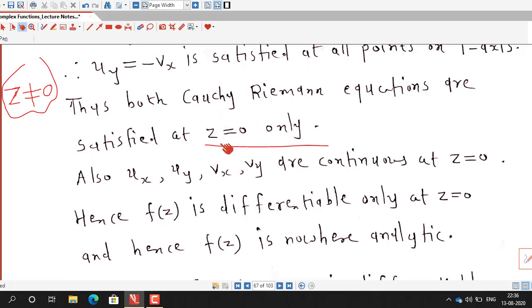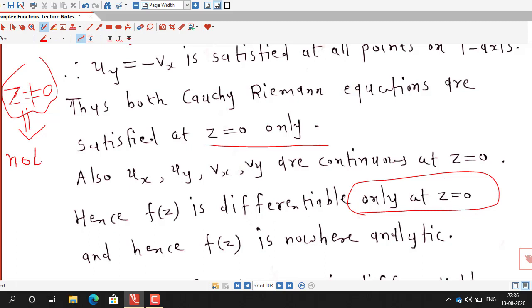Therefore at z equal to 0 both the conditions are satisfied, and hence function is differentiable at z equal to 0 only, and function is not differentiable if z is non-zero, and the function which is not differentiable can never be analytic. So if z is non-zero, function is not analytic.